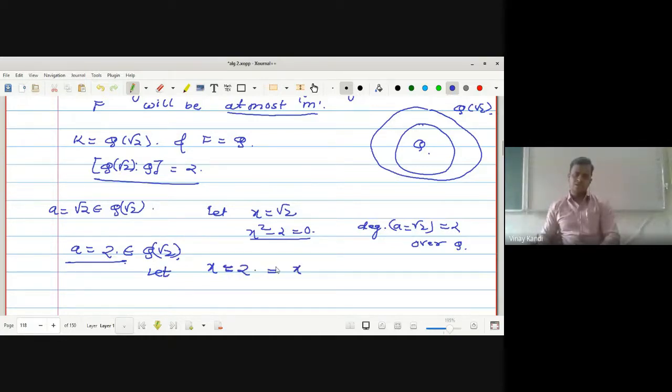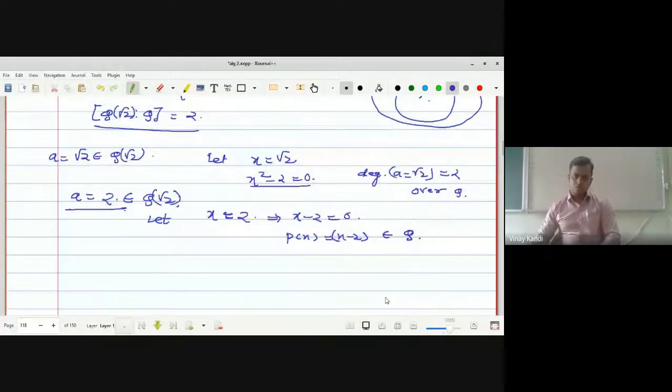So here P of x is equal to x minus 2, which belongs to Q. So what is the degree of 2? It is 1. At most how much will it be? 2. It will be below 2 or equal to 2, but not more than 2. Okay, any doubt?